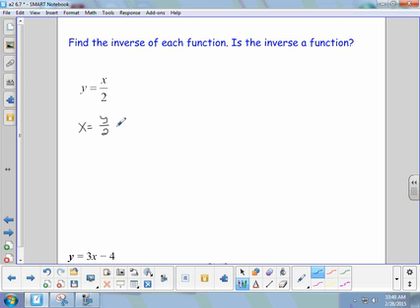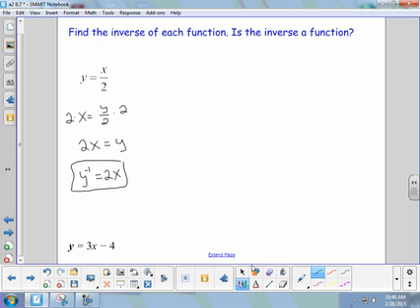So I want to get it so it's y equals. In this case, I multiply both sides by 2, and I'd get 2x equals y. And I want to show that it's an inverse, so I use inverse notation, which is just that little -1. And it looks like I end up with a line, which is a function.